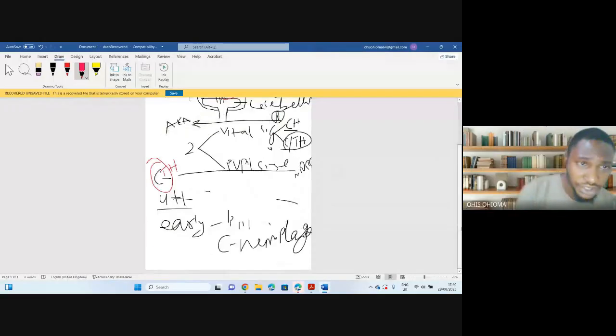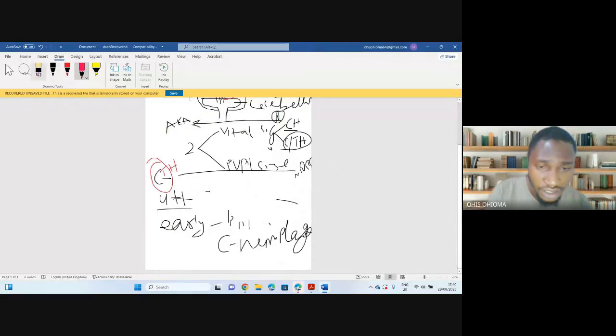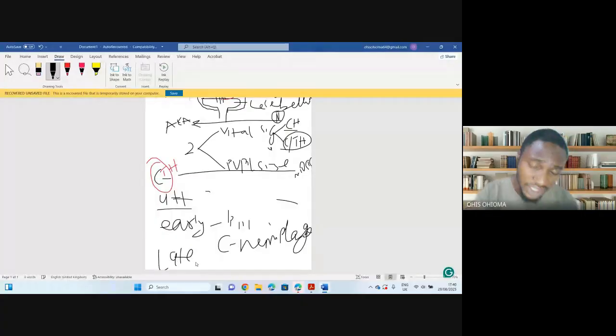So late in the presentation, this presentation will be reversed. Because it's compressing the uncus and the midbrain on the other side, the patient in the late presentation will now have what we call Kernohan's phenomenon, where because there's a compression of the opposite temporal lobe and the other side of the midbrain, the patient will now present with a contralateral finding.